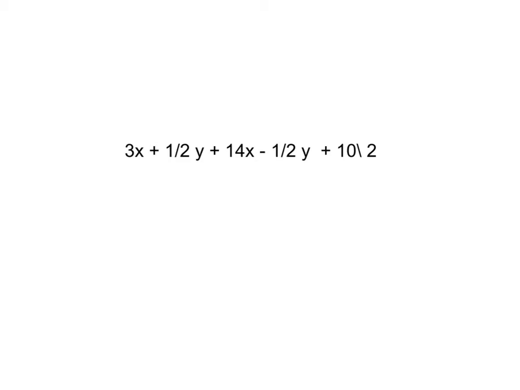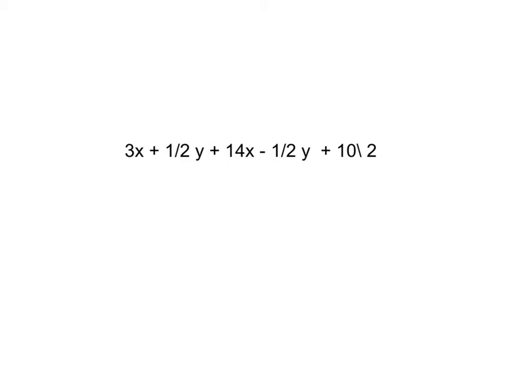Now I go through and look for my common symbols. So I can see that I've got x's here, x's there. I can also see that I have y's here and y's there. And then my last thing, I can see that I've got a 10 halves right there.